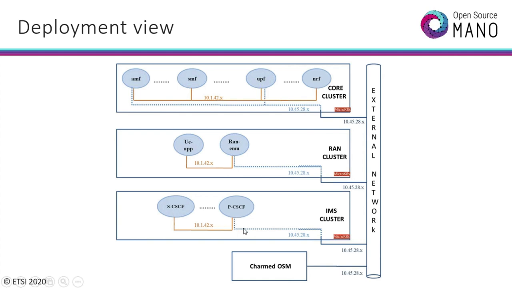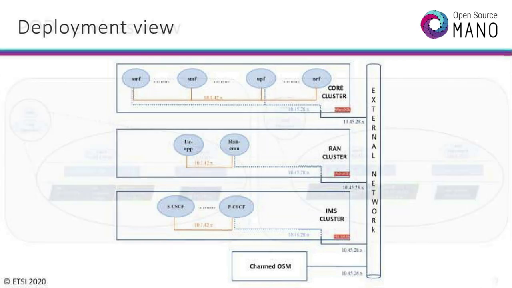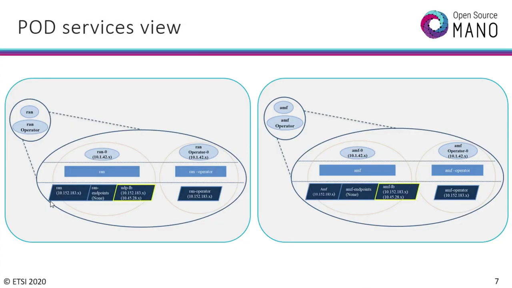The RAN cluster is the same, where RAN is the one that needs external access, so it connects through the load balancer service to the external network. In IMS, there's a pod named PCSCF, which connects to the external network through the load balancer service. So that's all about the deployment view.